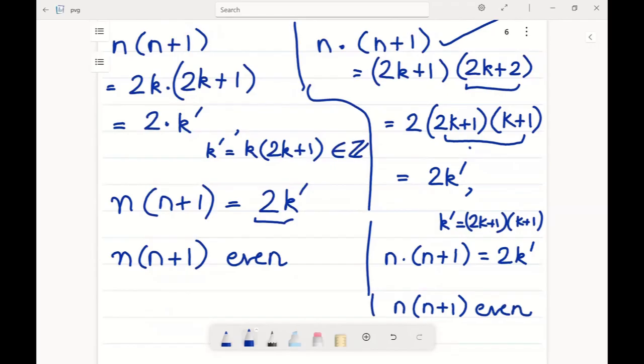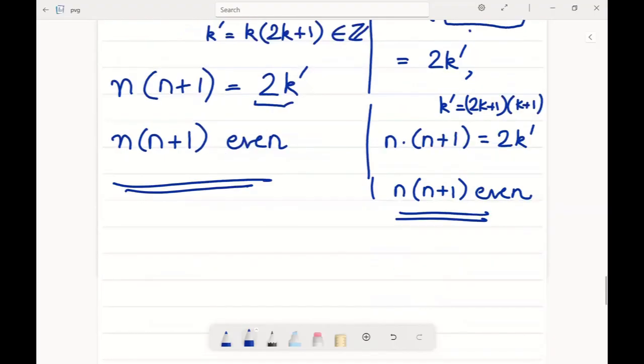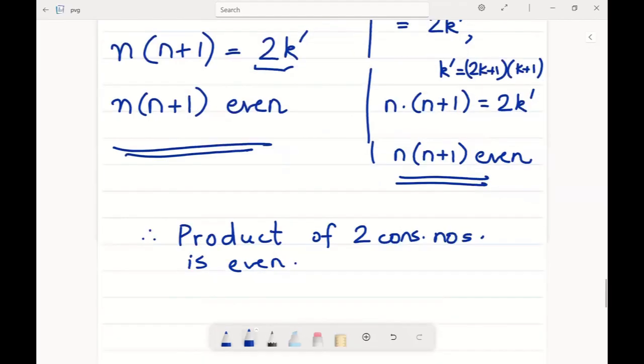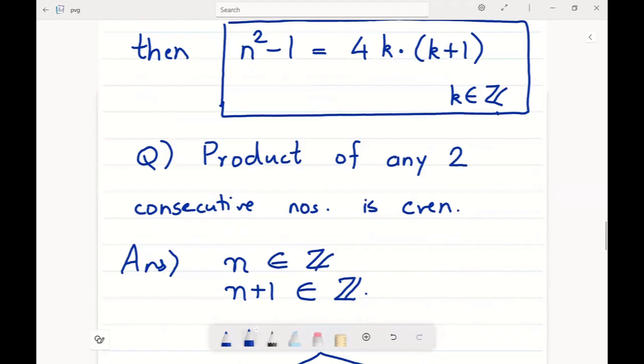So in both the cases, we reach that n into n plus 1 is even, and therefore we can conclude that the product of any two consecutive numbers is always even, right?